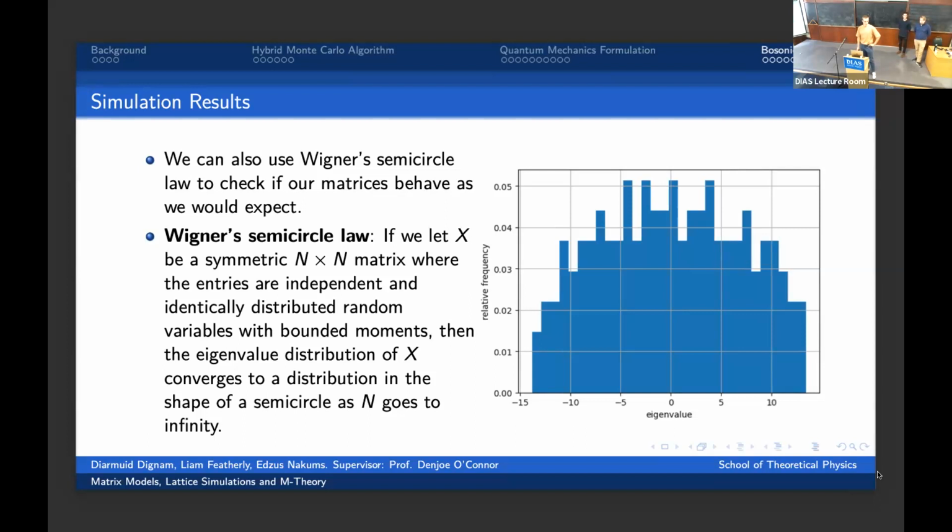It originated with Wigner in nuclear physics. He was interested in understanding the excited states of nuclei.